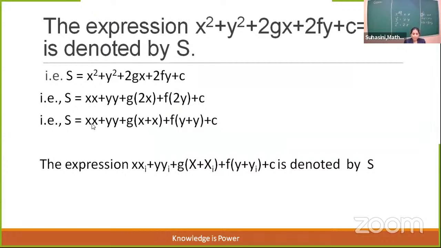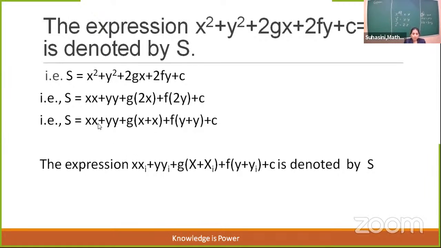Here in the first term, x into x. In the second term, y into y. In the third term, x plus x. In the fourth term, it is y plus y. So whether it is product or sum, we have two variables, x and y.